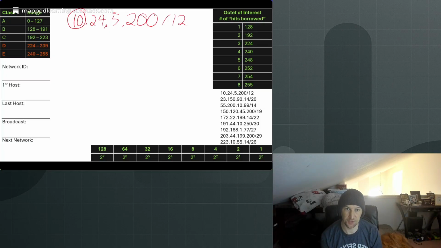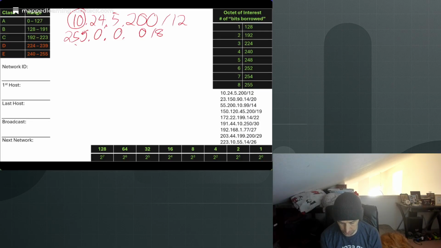Okay. What is the default subnet mask for a class A network? It is 255.0.0.0. So that would be a /8 for class A. But here we have a CIDR notation of 12.